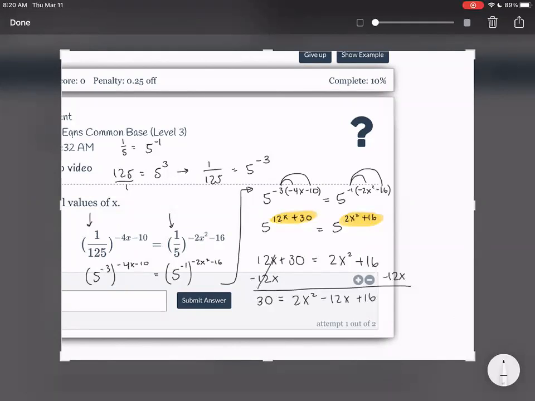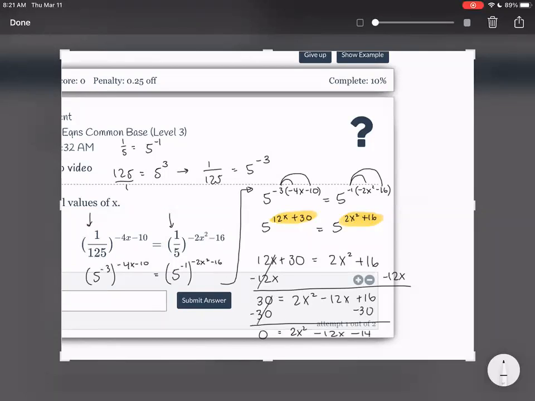Notice I just put the minus 12x in the middle just because that's standard form. And then let's bring also that 30 to the right side. So it's 0 is equal to 2x squared minus 12x and then minus 14.